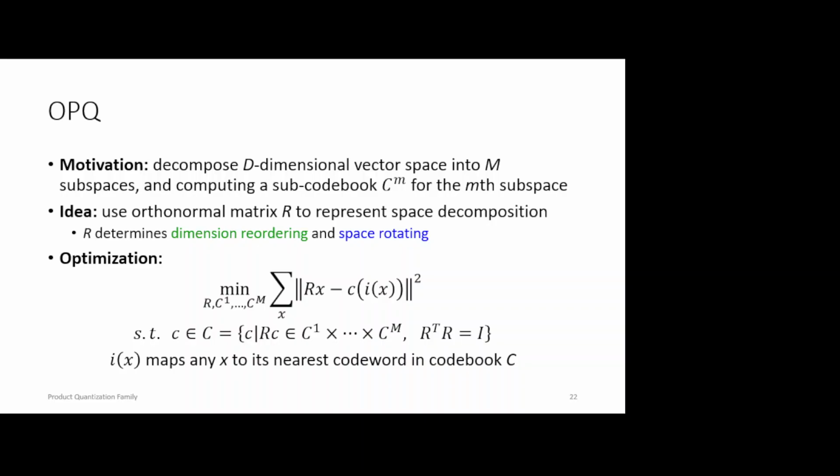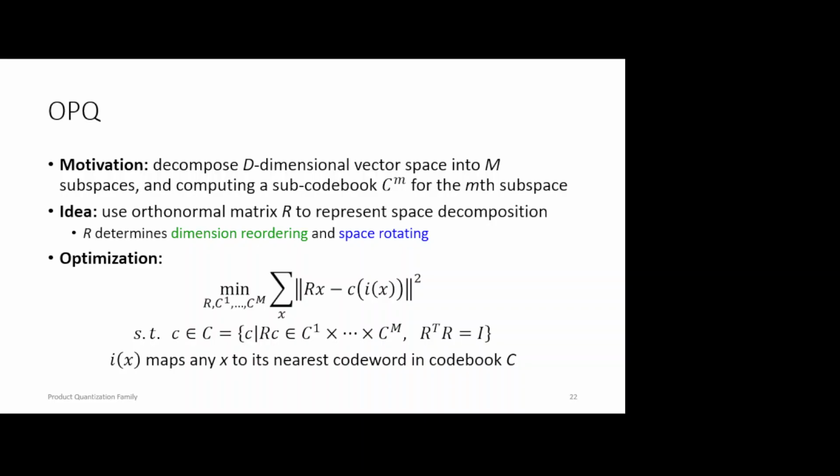Okay, so X is indexed in this codebook, and through this codebook we can find its reconstructed vector. It will be reconstructed based on this codebook, and we hope the error between the reconstructed vector and the original X should be as small as possible. So it's the same, right? It's formulated as the quantization error. But now it adds a rotation here.